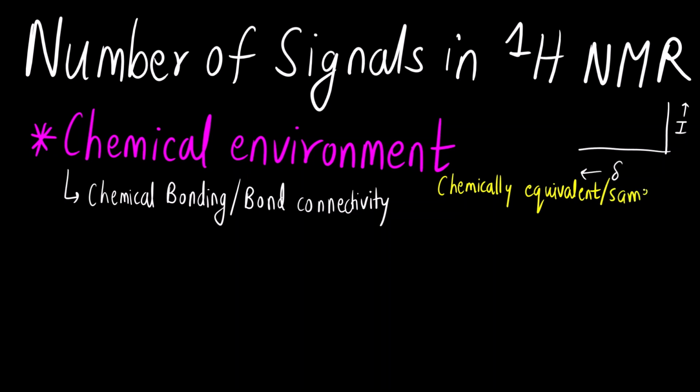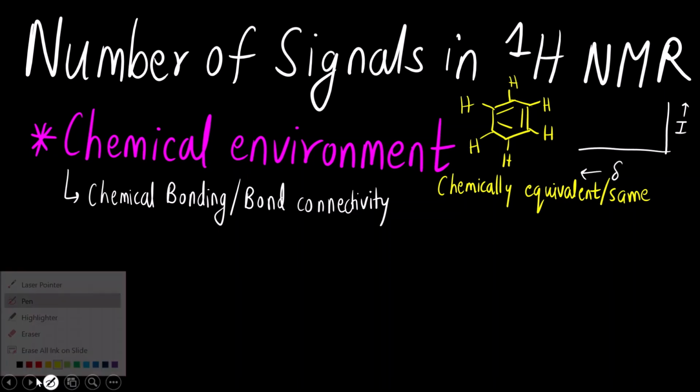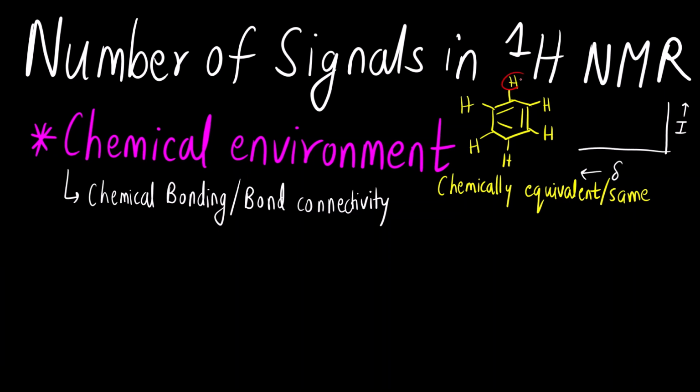Let us understand this with an example, the very simple example of a benzene ring. Here we know there are 6 protons. If you look at the chemical bonding, meaning how they are bonded in the structure, all the hydrogens are attached to an sp2 hybridized carbon.